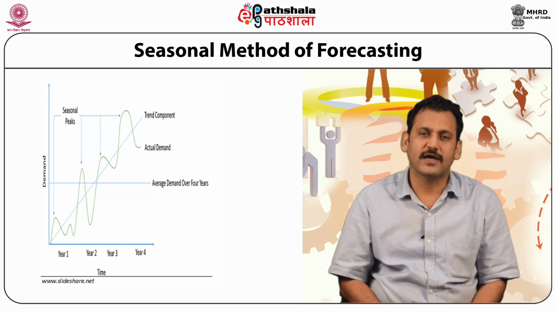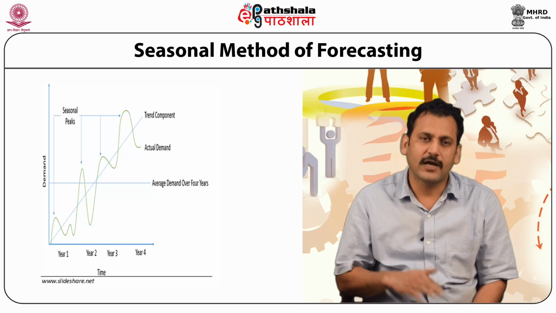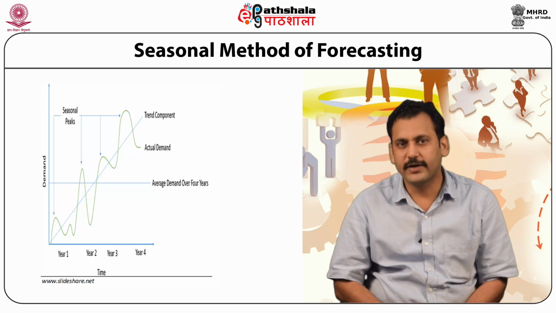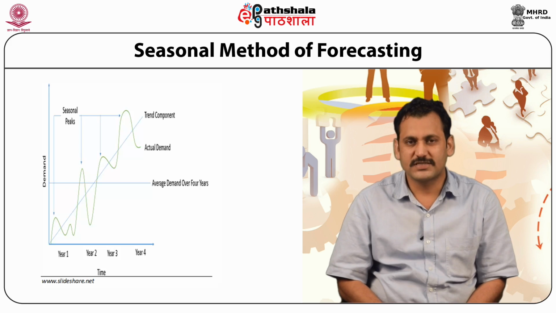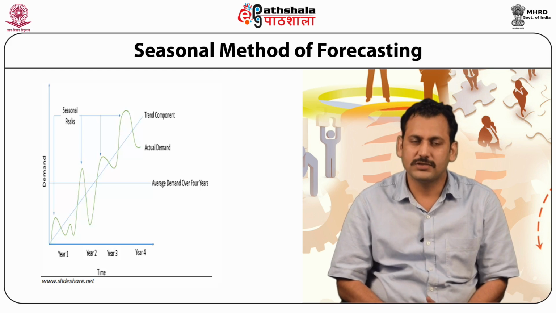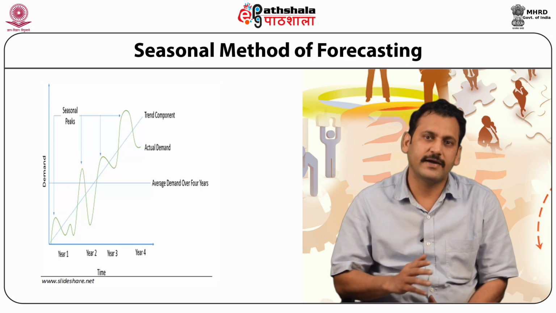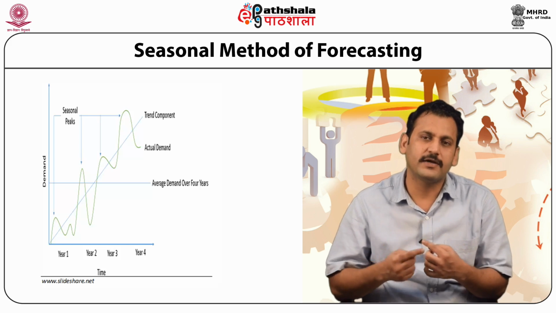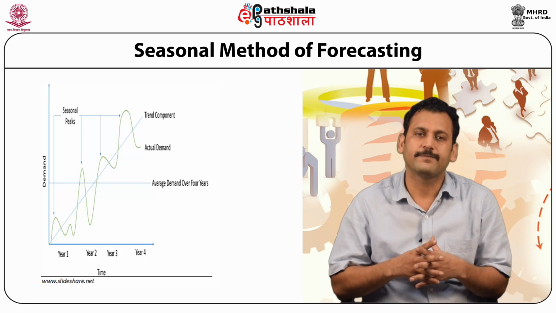Seasonal variations in time series data represent upward or downward movement occurring repeatedly at regular intervals. For instance, sales of winter clothes increase during winter months and decrease during summer months. The same cycle gets repeated after the same time period.